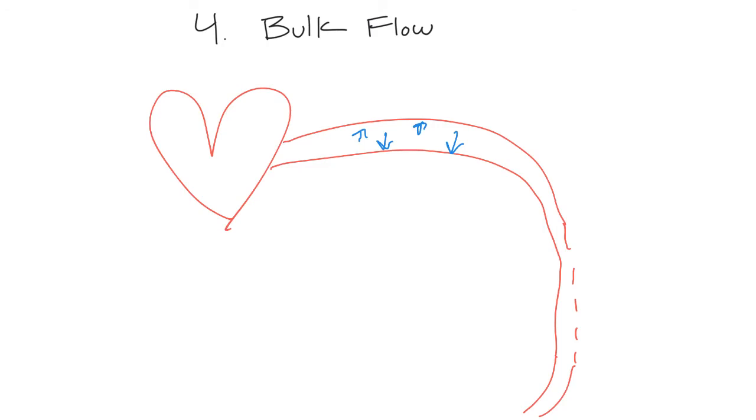When the solutes, I'm going to draw little solutes in here, arrive at the capillaries, they are forced out. The solutes and the solution, and anything that can fit through there will be forced out.